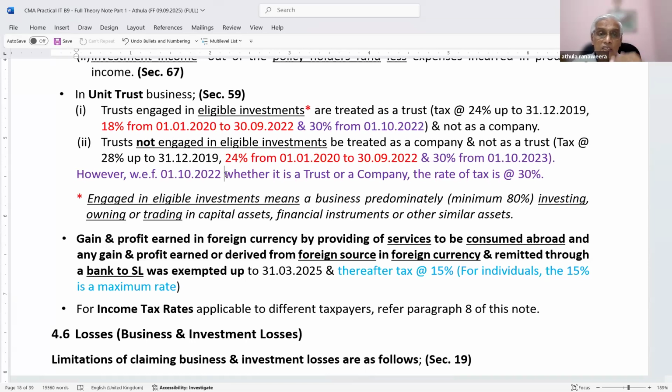When you declare a dividend out of the dividend received, no more tax. That is the policy on share market investments. Therefore, if it is in shares, that should be the way.